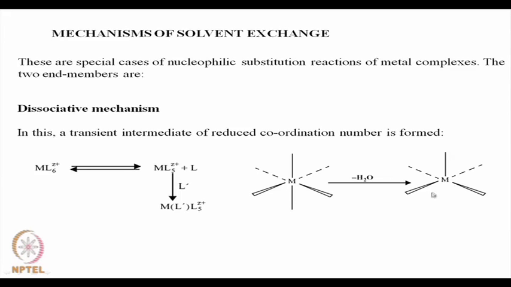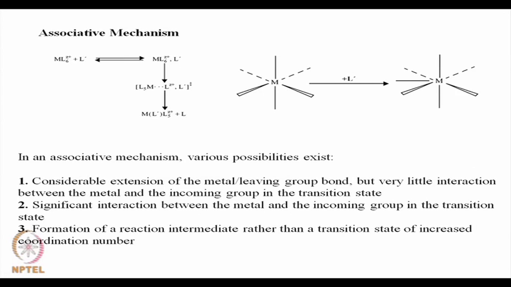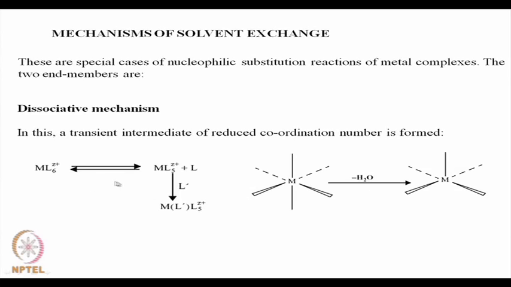Previously, in the dissociative mechanism, the ligand first gets dissociated, then this position is vacant, and then the second ligand comes in. So, it is basically an exchange of ligands.